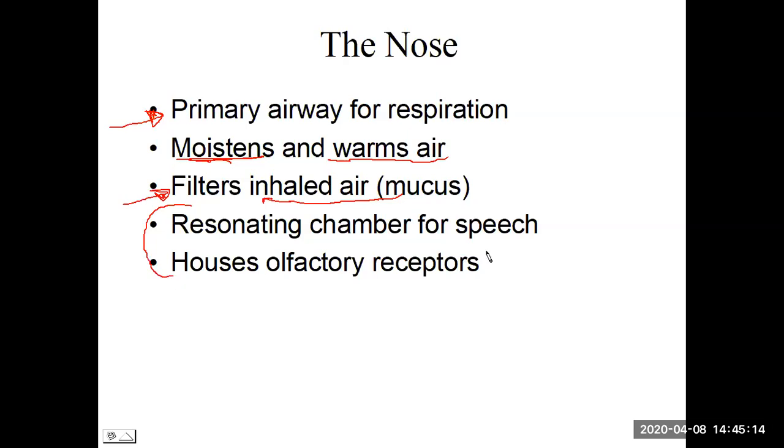The structure and shape of our nose does, of course, play an effect on the tone of our voice, and we use our nose for our sense of smell. We'll definitely come back to this once we get into the nervous system. So it's the principal site for breathing, as opposed to our mouth for just heavy volumes of breathing. But the nose is a better filter and the air is cleaner.